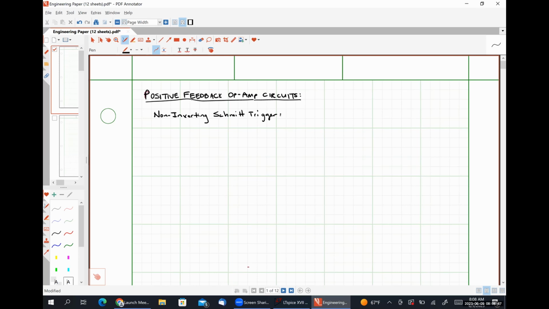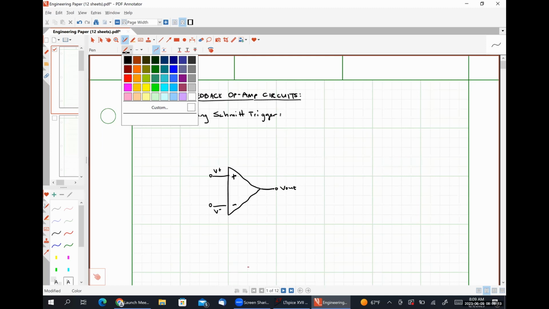And with a non-inverting Schmitt trigger, we have our simple op-amp circuit. So here's our op-amp, here is our non-inverting terminal, our inverting terminal. Let me just label this V plus, V minus respectively. Here's Vout.